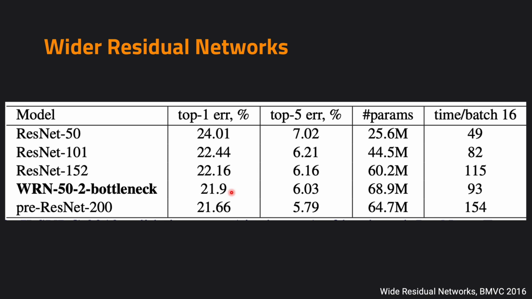But its performance is better, and it can also have slightly better performance than the deep network. At the same time, because it's easier to parallelize a wider network than a deeper network, in reality we also have faster computation time, even though we have more parameters in the model.